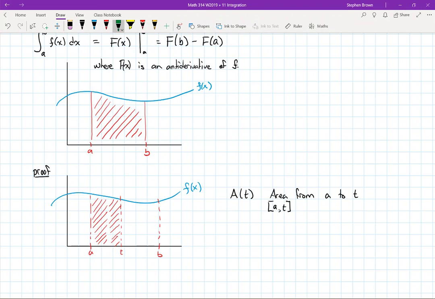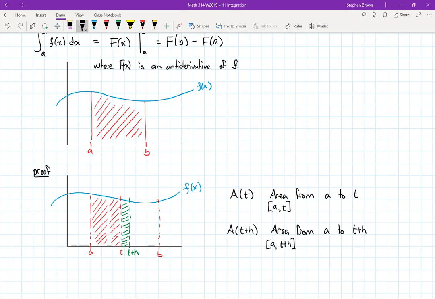Now, to see how that's changing, let's shade a bit further. Imagine that you shaded a bit farther than wherever you left off last, and that would be t plus a bit more. Call that h. We'll still use a. This time, instead of stopping at t, you're going to stop at t plus h. Now that's the total area from a to t plus h, or as an interval from a to t plus h.